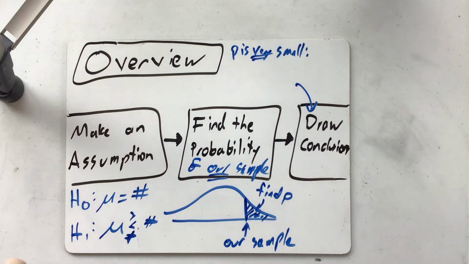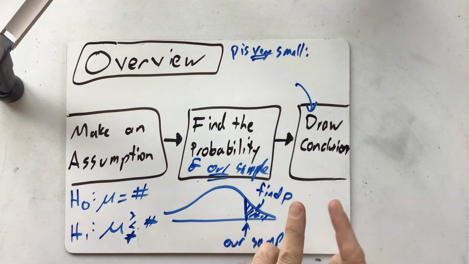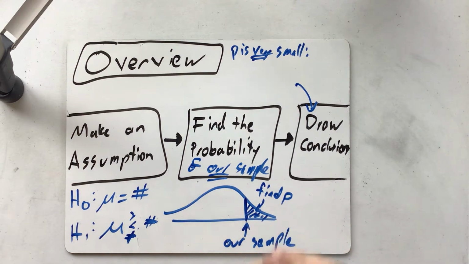Either you got lucky and you just picked the tallest students you could ever find at LCU, or LCU students are actually taller than the rest of the population. And so those are the two possibilities. Either you got lucky and you happened to randomly select tall people, or your population has taller people than the whole rest of the country.